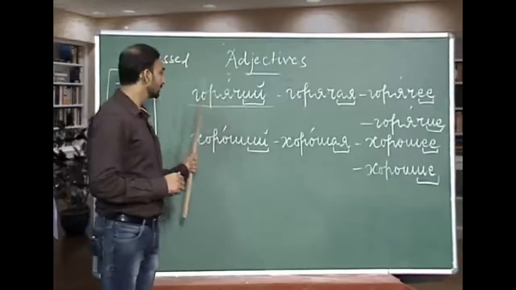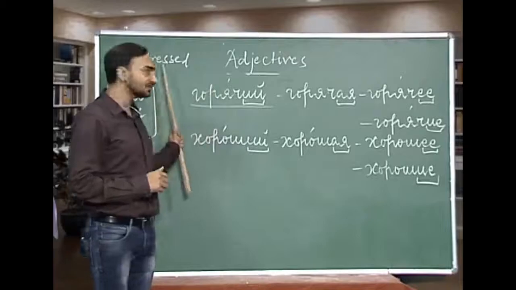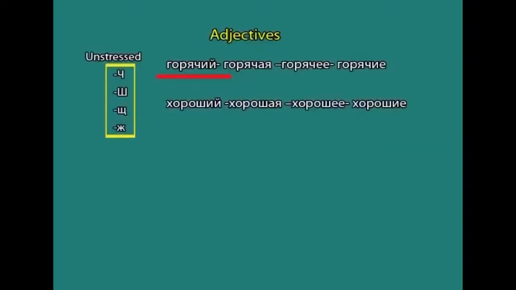Apart from the adjectives with hard ending or soft ending, there are certain adjectives where the adjective ends with either ch, sh, shch or zh, and the last syllable is unstressed. For example, the first example of an adjective with unstressed ch is garyachi. Garyachi is hot.